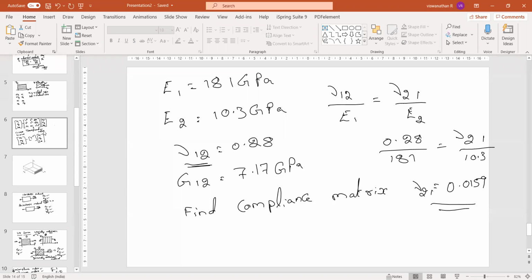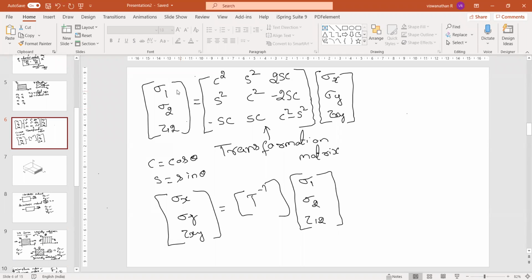Then we looked at the transformation matrix. Here we relate the local matrix. The material axis is on the left side, before the equal sign, and here you have the transformation matrix and then the global stresses.